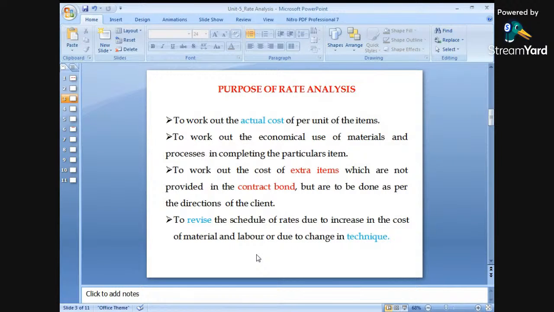So in order to prepare the revised schedule of rates, rate analysis plays an important role, also when advanced equipments or advanced techniques or advanced machineries, tools and plants are used in a particular type of work. Rate analysis plays an important role.